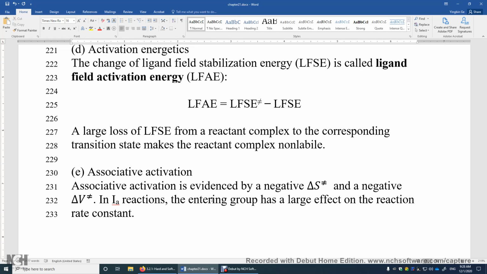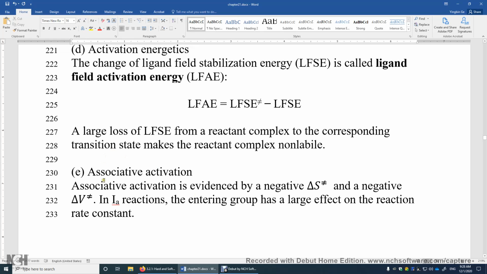And if the transition state structure is more compact than the reactant, that's got to be association, and then this rate limiting step is an associative step, and this mechanism is associatively activated.